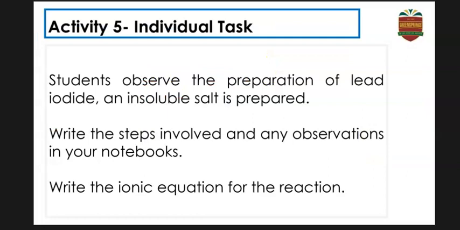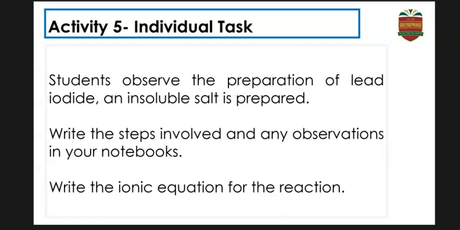Now, it's going to be a reaction that produces lead iodide, but it's going to be between two soluble salts. So you need to observe critically. As you observe and assess the process, write the steps involved and any observations in your notes.